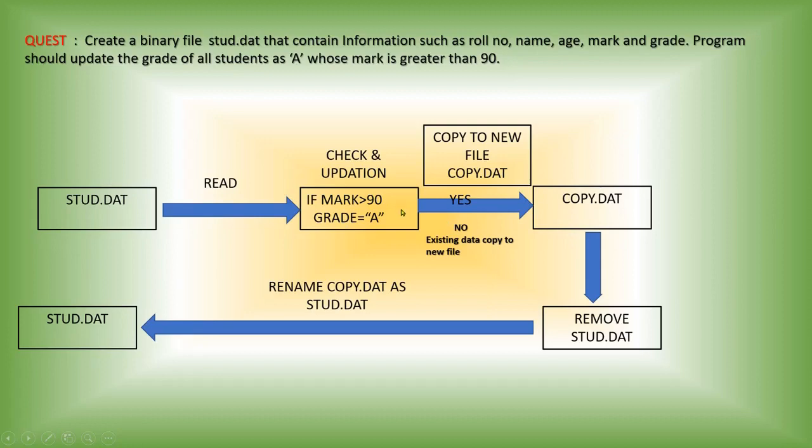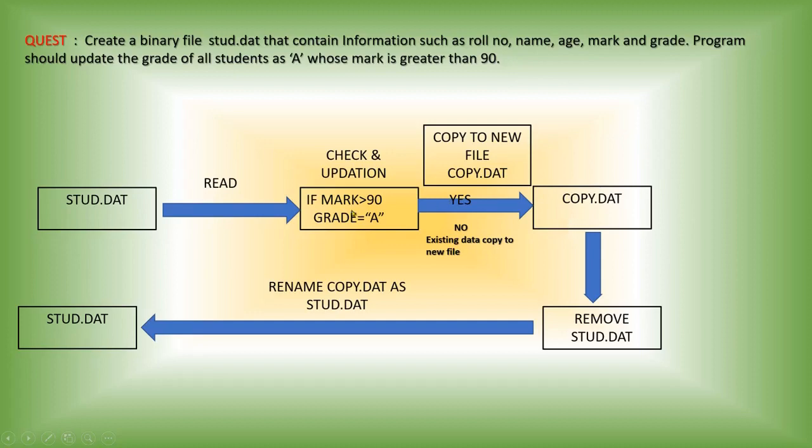If the condition is satisfied, then you copy that updated record into the new file copy.dat. If the condition is not satisfied, then the existing record you copy into the copy.dat.